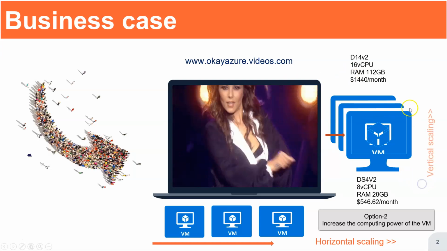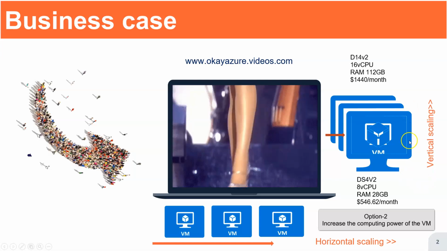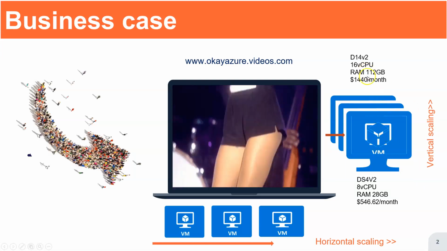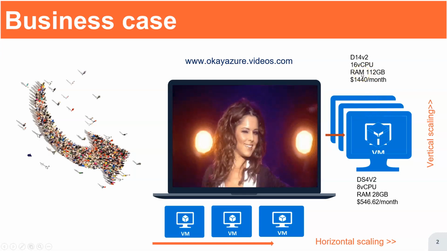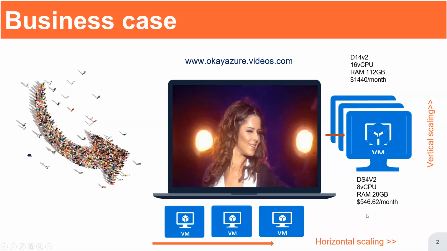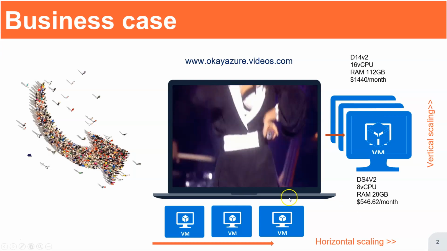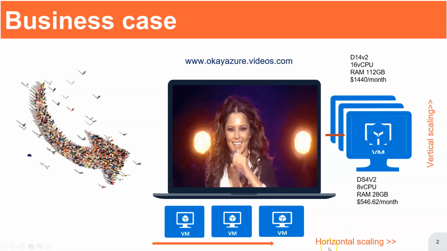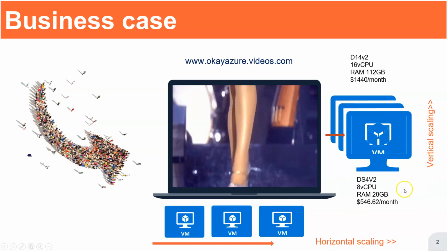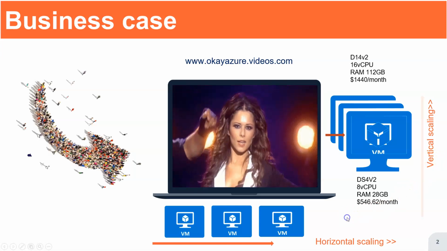Now, this particular approach is known as vertical scaling, where your server is the same, but you have just extended the capacity of your underlying system. All right, so basically the idea here is to make you familiar with the terms horizontal scaling and vertical scaling. All right, let's move forward.